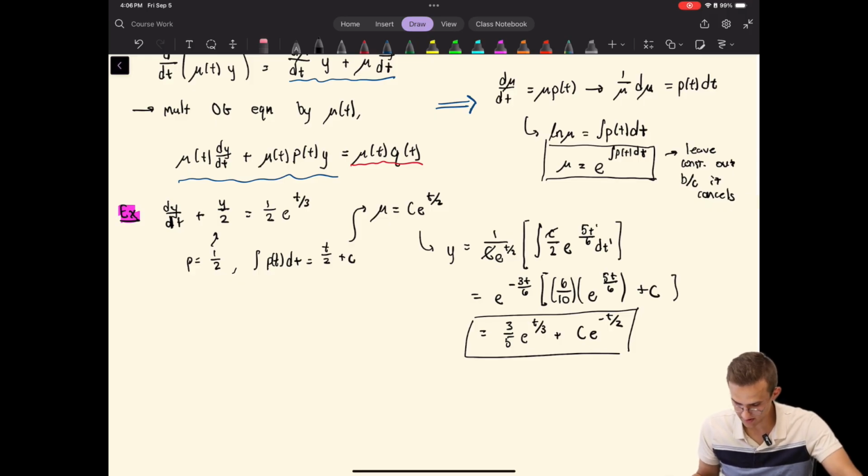All right, so those are the two solution methods for first order. We can also use things like variation of parameters, but for now, we're going to go ahead and move on to second order differential equations.